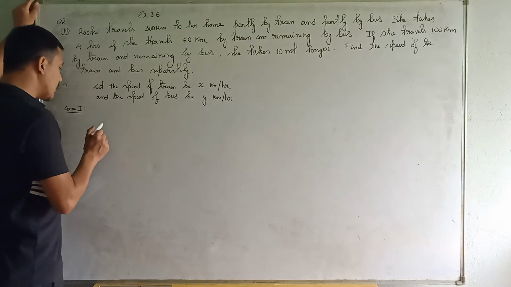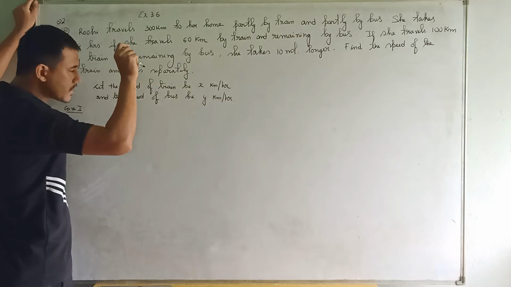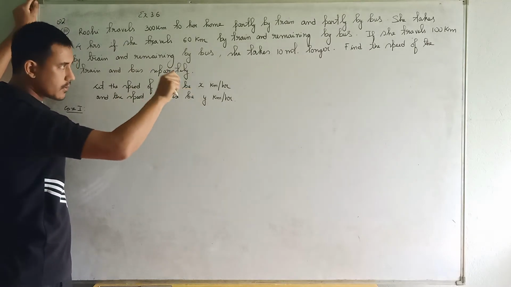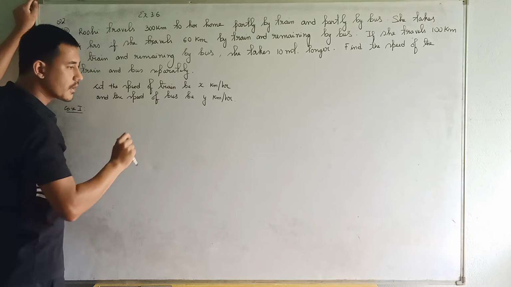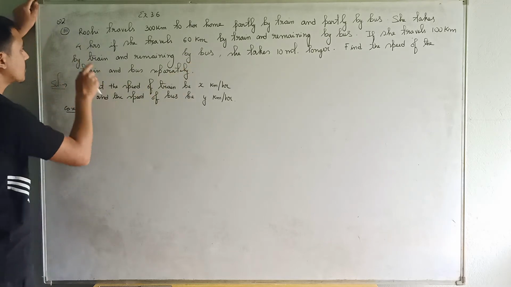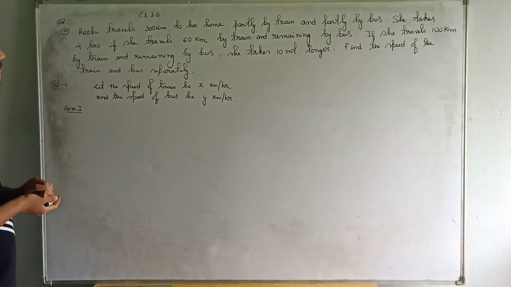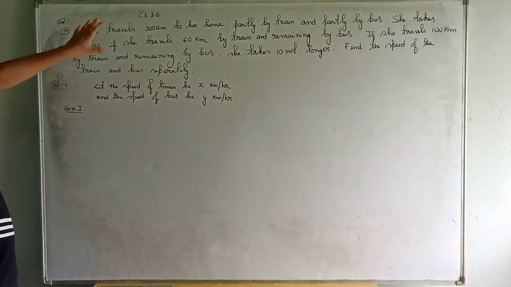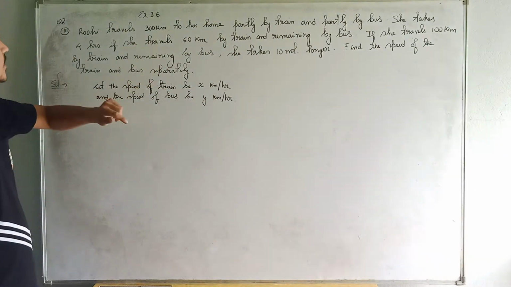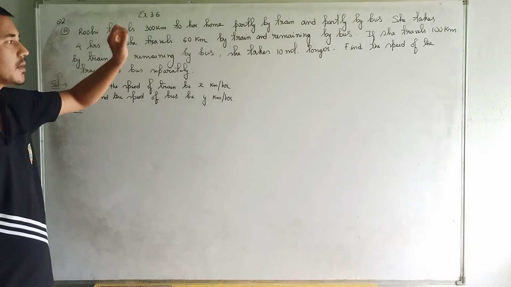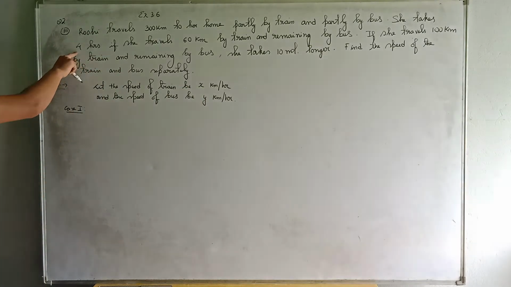So, in the first case, the total time taken in traveling by train and traveling by bus is only 4 hours, right? If she travels 60 kilometers by train and the remaining 240 kilometers by bus, then the total time taken is only 4 hours.